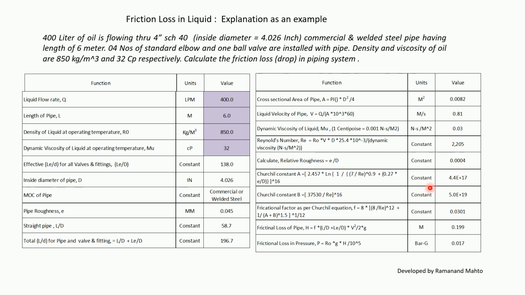Churchill constant A is 4.4 into 10 to the power 17. Churchill constant B is 5.0 into 10 to the power 19. Friction factor as per Churchill equation is 0.0301. So friction loss H is equal to 0.199 meter, and friction loss in bar gauge is 0.017.